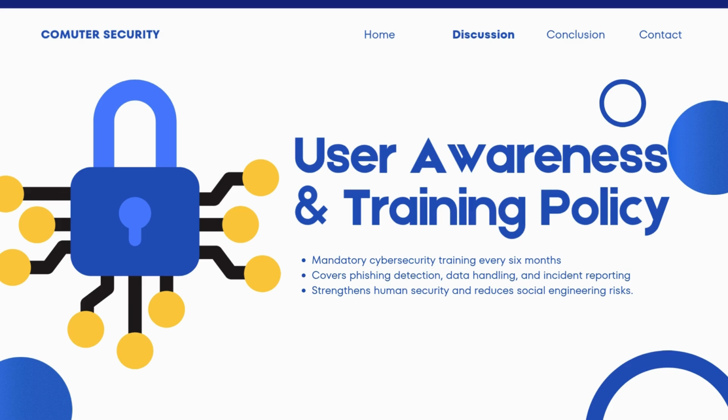The training includes how to identify phishing emails, how to handle confidential data properly, and how to report suspicious incidents to the necessary personnel. Also, by increasing employee awareness and cyber hygiene, the bank strengthens its first line of defense, which is its people. This policy significantly reduces the risk from social engineering and also accidental data leaks.